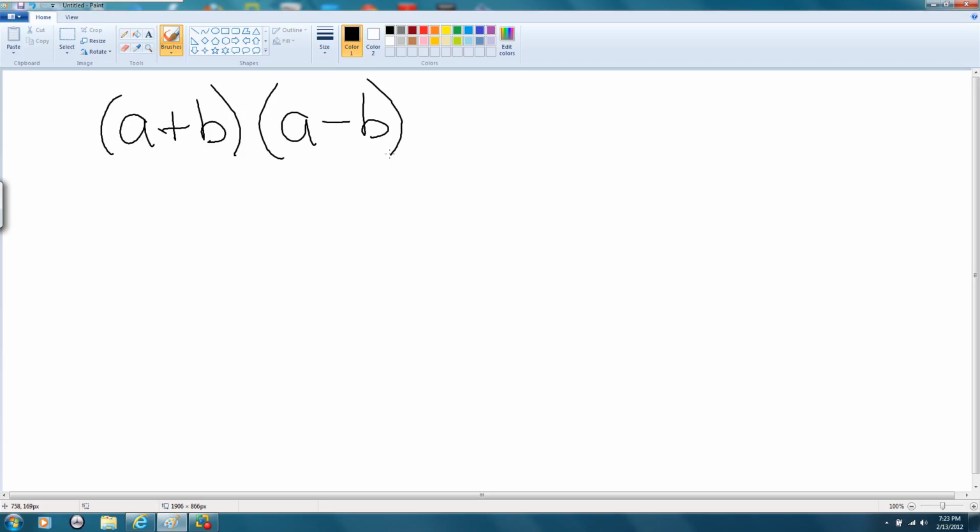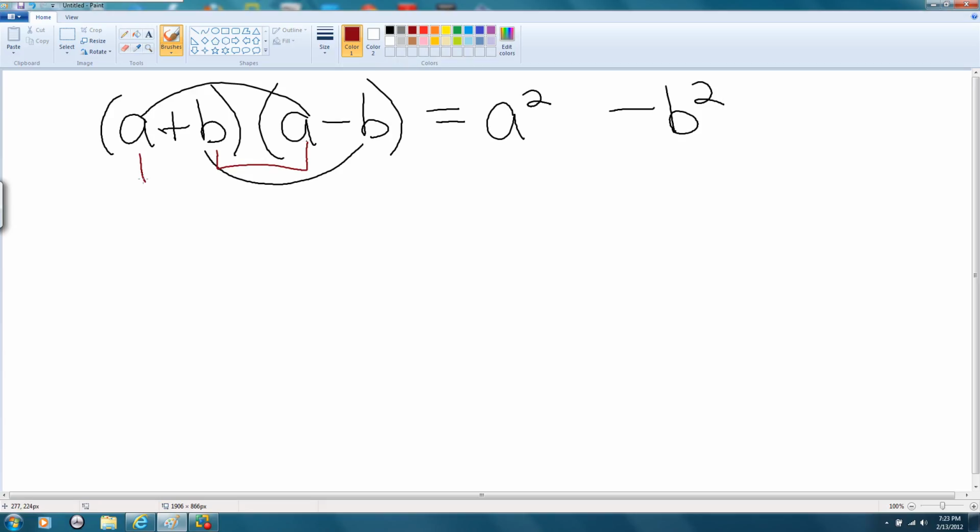When we multiply this, it comes out with a very simple expression. Because I have a times a is a squared. I have a positive b times a negative b, that's going to be minus b squared. And interestingly, the middle terms here, we're going to have a plus ab and then a minus ab.